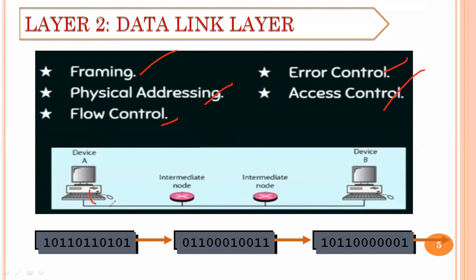So the data will be transmitted like this from the intermediate node to device B, and these are the frames that will be transmitted from the network layer to the data link layer, and the data link layer will send the frames to the physical layer. It will send the data frame-wise, for a particular packet, one frame, then second, then third, and similarly these frames will be collected at the receiver side.